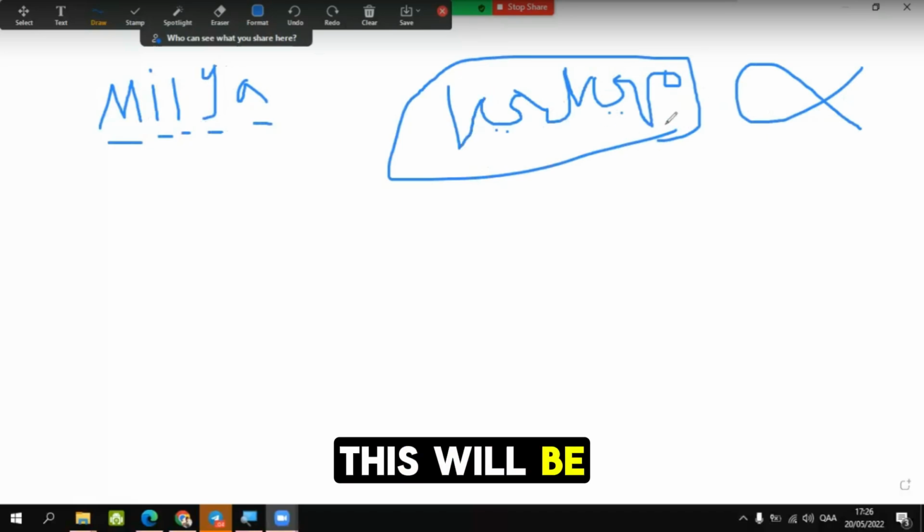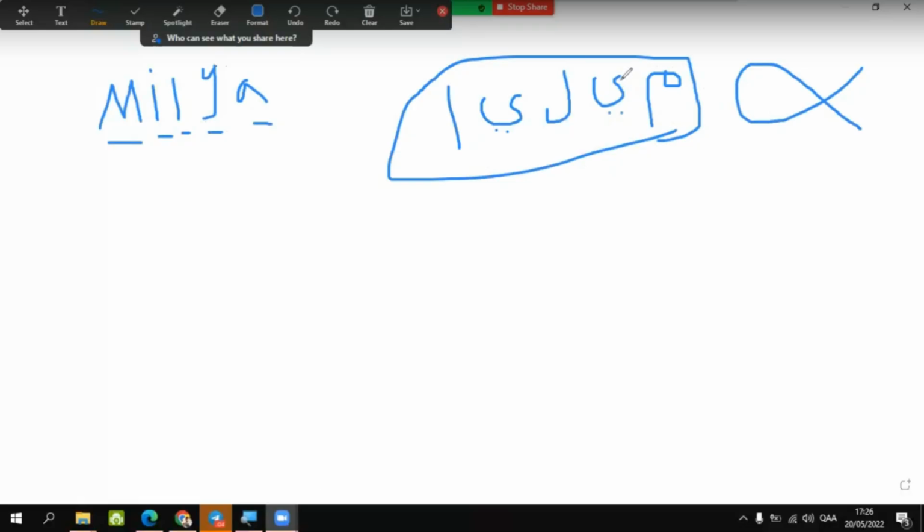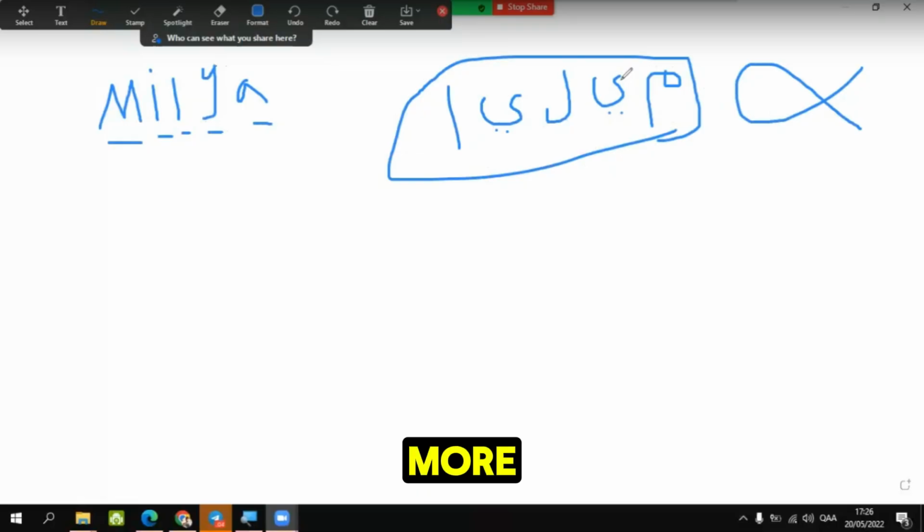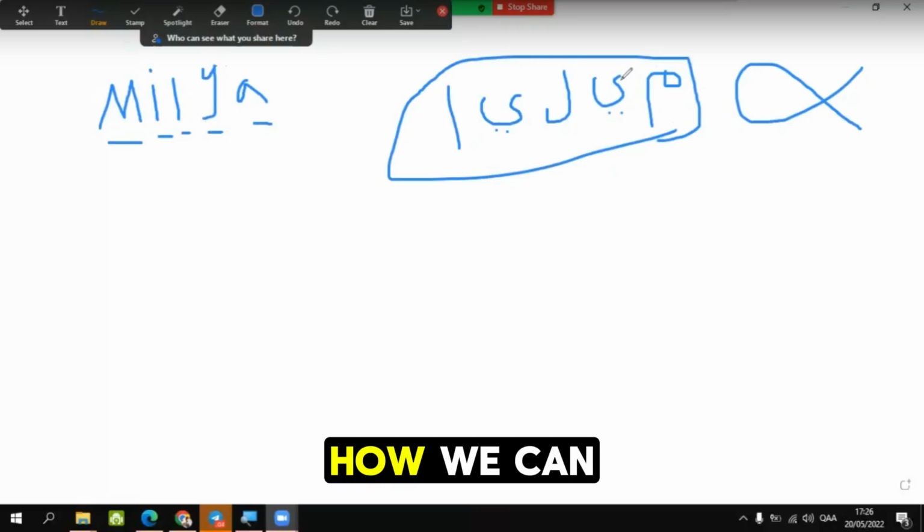This will be very disgusting and bad. So there are specific rules that help us to attach these letters together, and that is what we are going to learn today and in a few more classes.